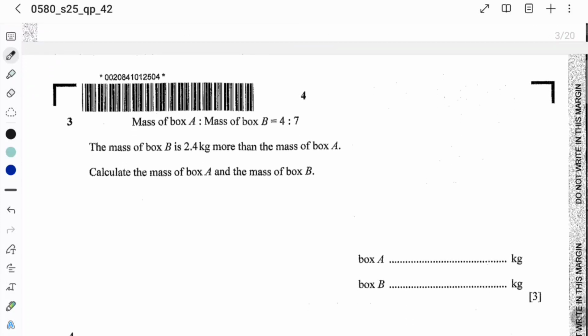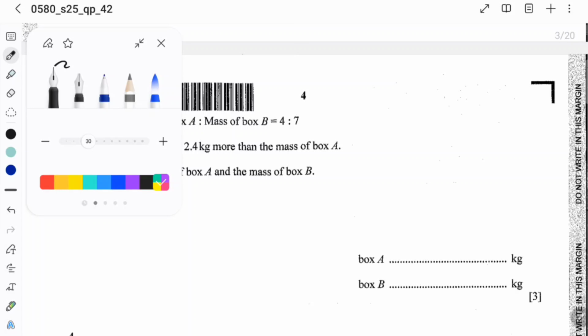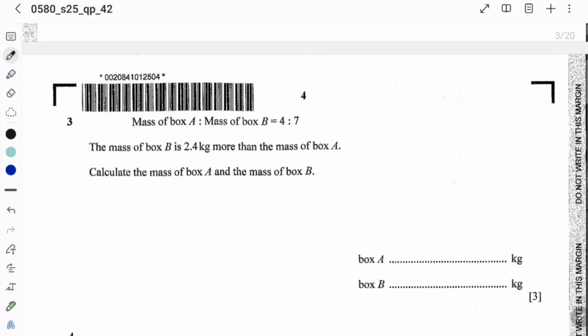Alright, now the next question is question number 3. It's given that the mass of box A to the mass of box B is 4:7. The mass of box B is 2.4 kg more than the mass of box A. Calculate the mass of box A and the mass of box B. Let's take 4 for A as x.